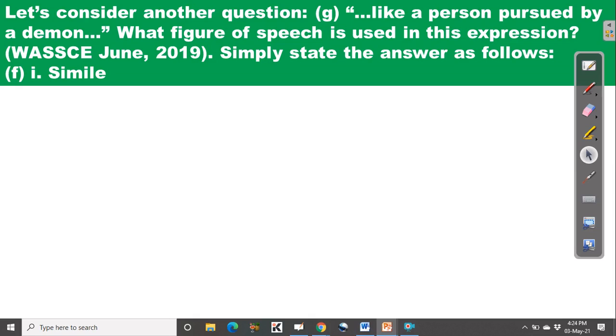If we say Henry is like a lion in the boxing ring, then we are using simile. But if we say Henry is a lion, then we are using metaphor. So there's a close relationship between metaphor and simile, in the sense that both of them are figures of description, figures of comparison. But you can see the difference between the two.